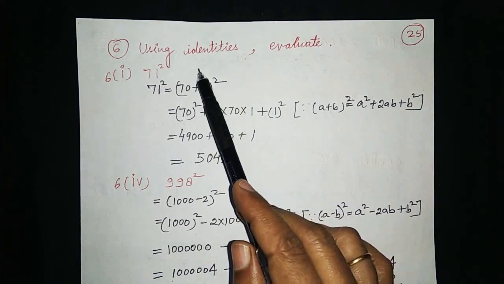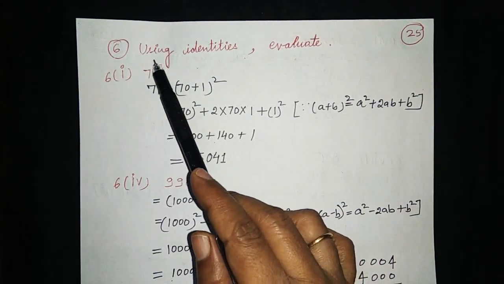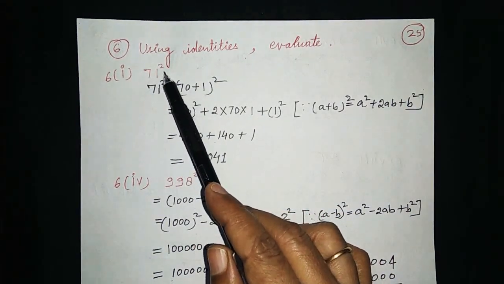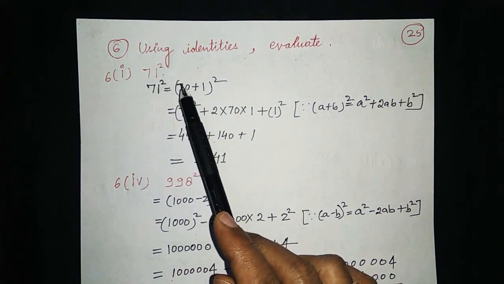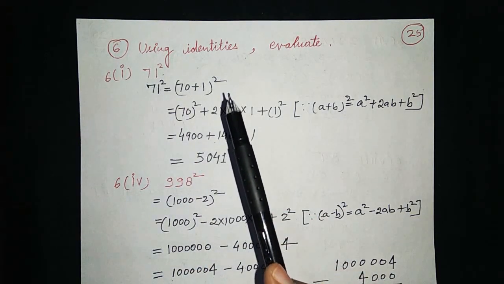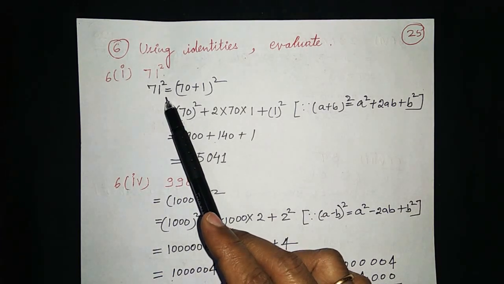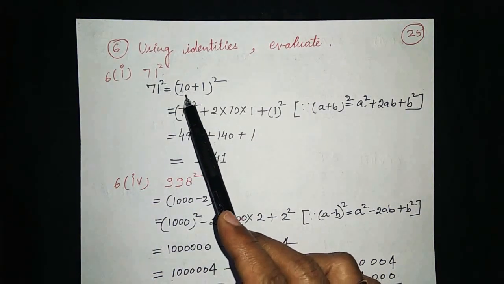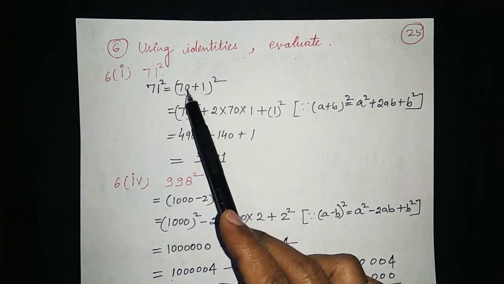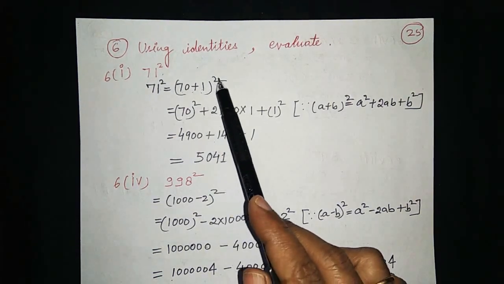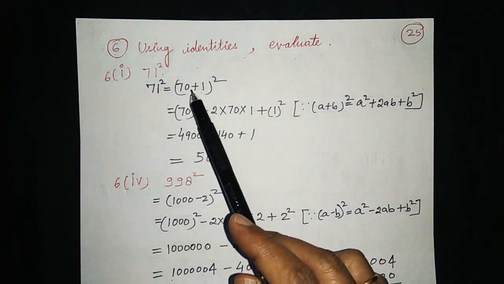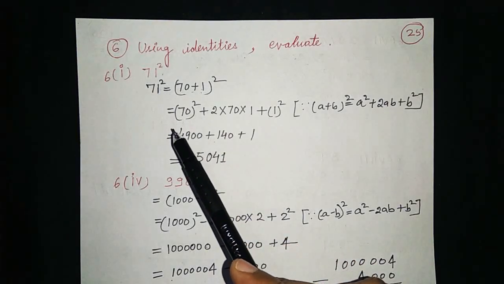Clear? So you will write this 71 square in the form of an identity. So here 71 square we can write like this: 70 plus 1 whole square. It is also 71 square.